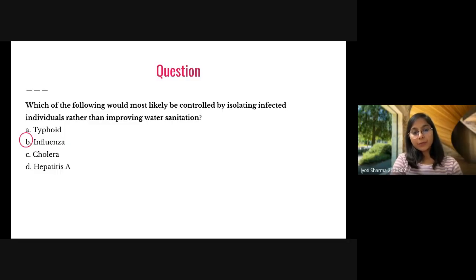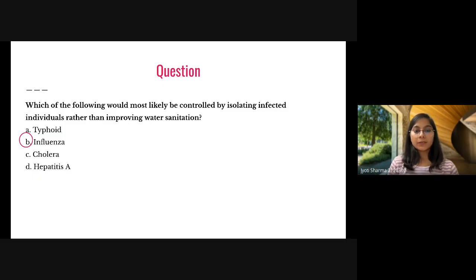As I told you, you just have to see the difference between host to host diseases and common source diseases. If this is host to host, then by isolating one host from another, that's how you can prevent the infection in another host. But if it is a common source, so for example, as I gave you the example of a well, if that well has contaminated water, then if we improve the sanitation, that's how we can protect against cholera.